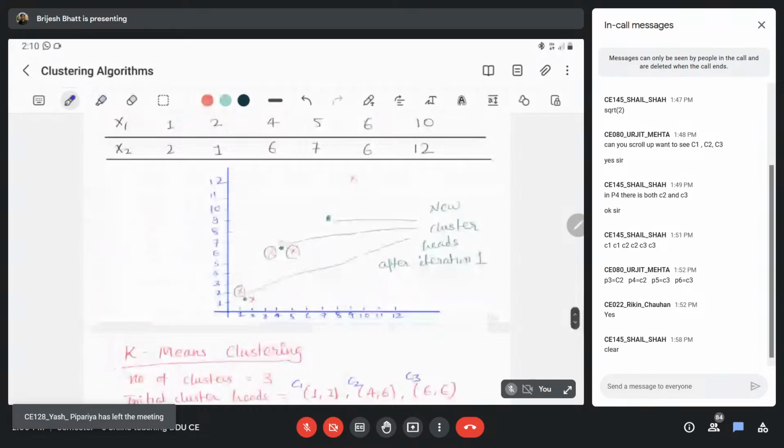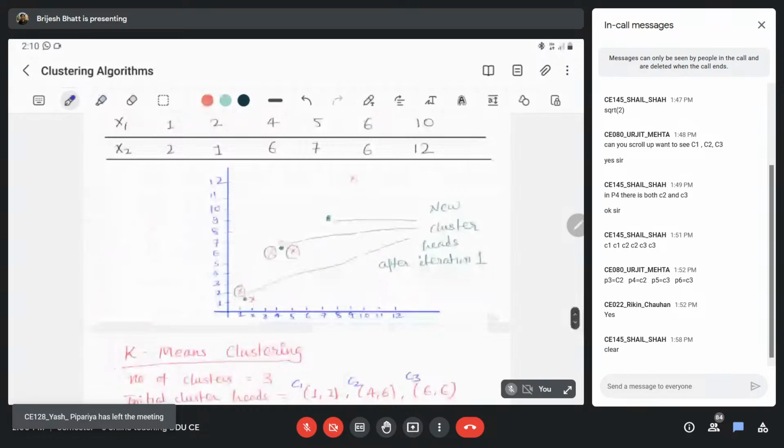If you want to try, you can try the third iteration. Sorry, not second iteration, third iteration, which is iteration number 2. You do go through iteration 3, but at the end of the third iteration, you will again get C1, C1, C2, C2, C2, and C3.